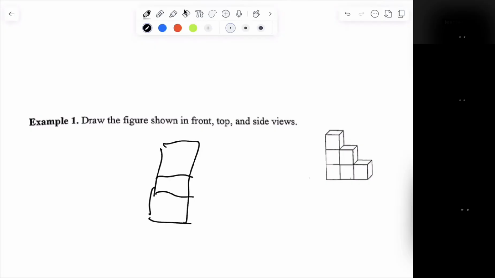If we flipped it over and looked at the bottom, we'd also see the exact same picture. Same thing if we looked at its back and the front.